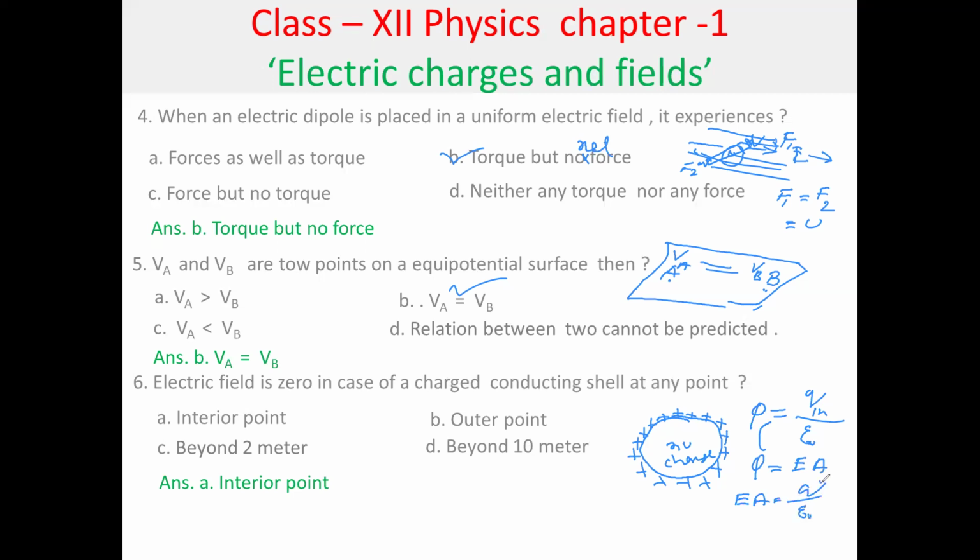If Q is 0, then E would be 0. So inside this conducting shell, there will be no electric field. Hope it is clear to you. Let's go to the next question.